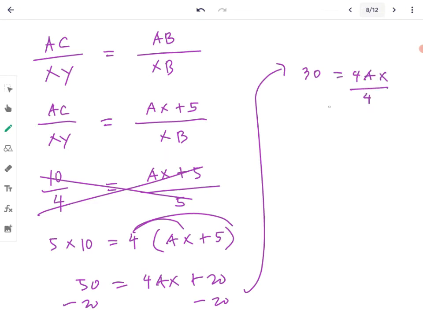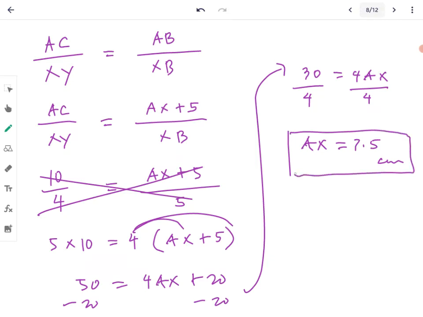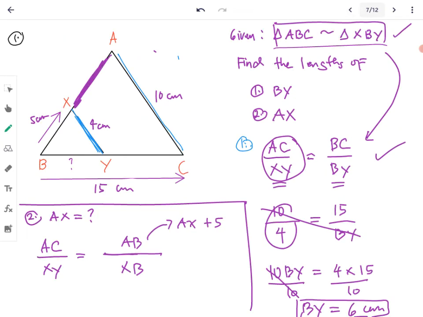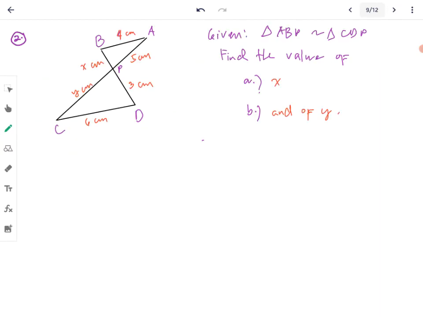Dividing by 4, we will have AX being 7.5 cm. 30 over 4 is 7.5 cm. So that is the length of our AX. So again, recall that we just use the equality of the ratios in solving for the unknown. Next.